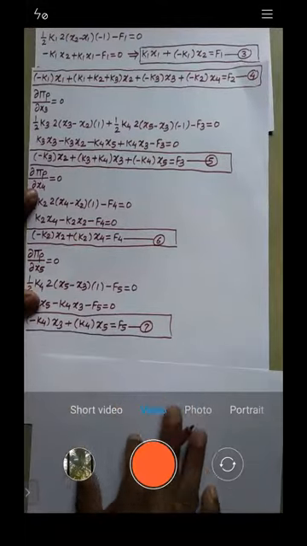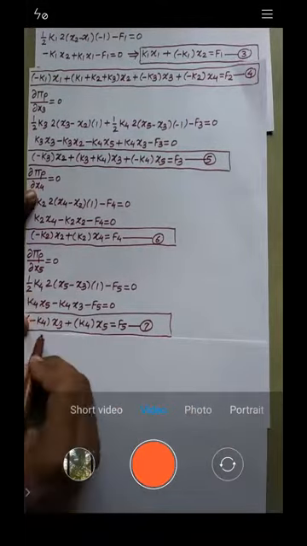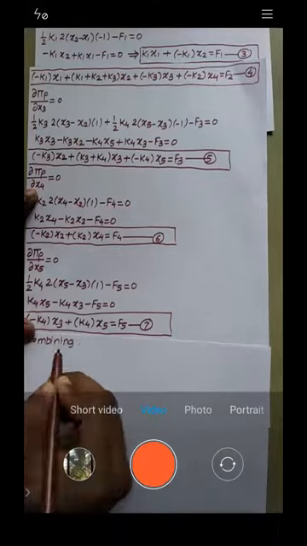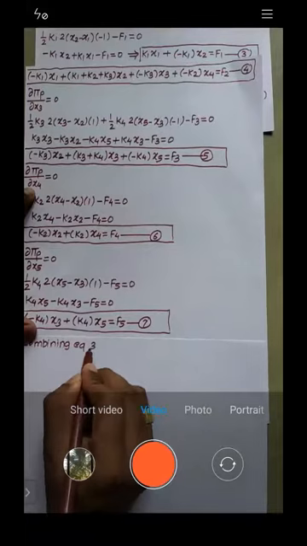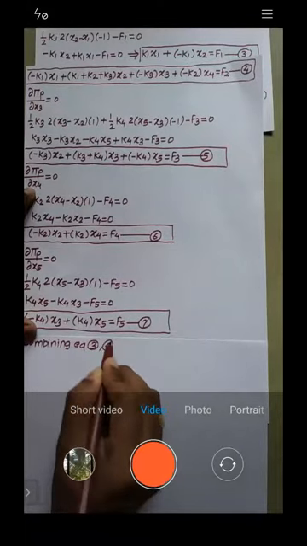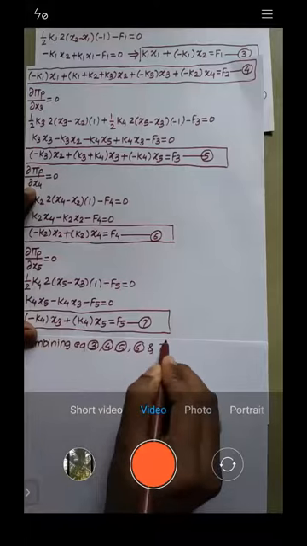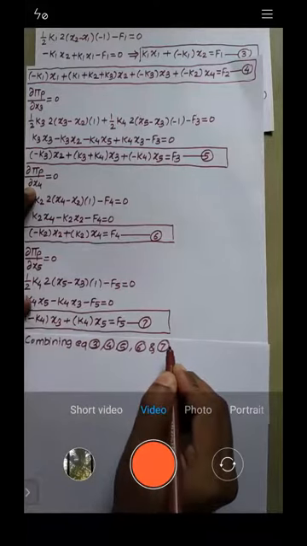So I will write here, combining equations 3, 4, 5, 6, and 7.